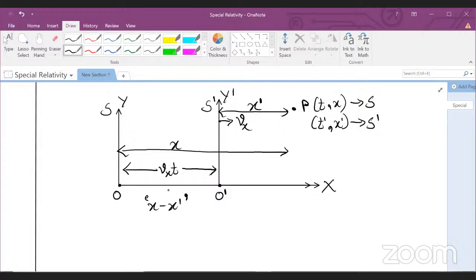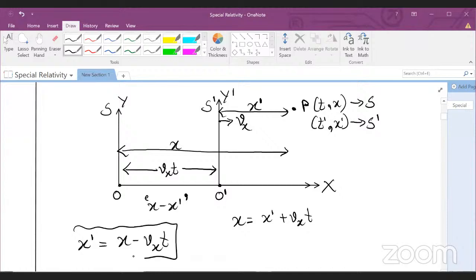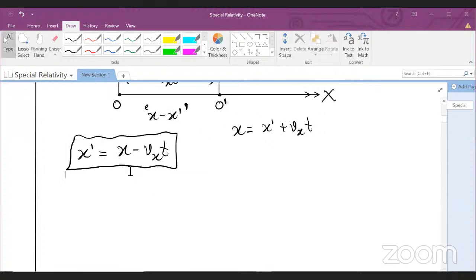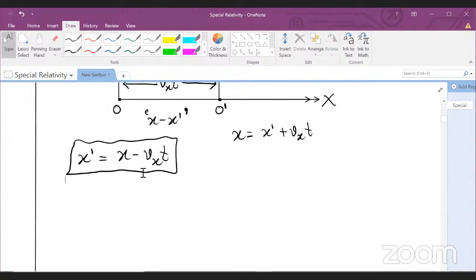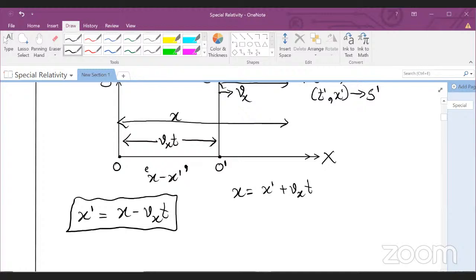So what do we get? We get x equals x dash plus Vxt, or I can write x dash equals x minus Vxt. So we got a relation between the x coordinate and the x dash coordinate, right?